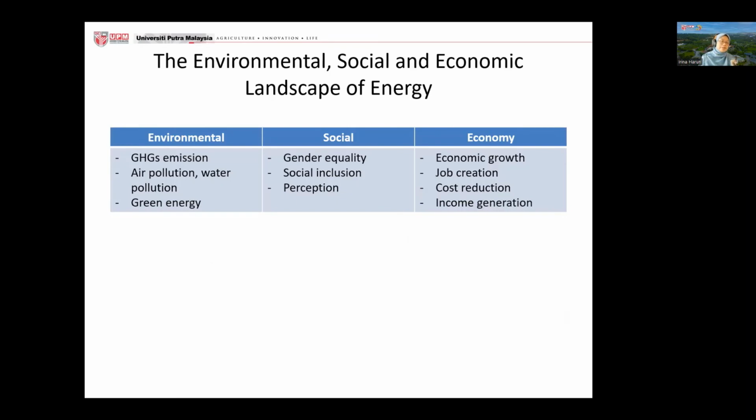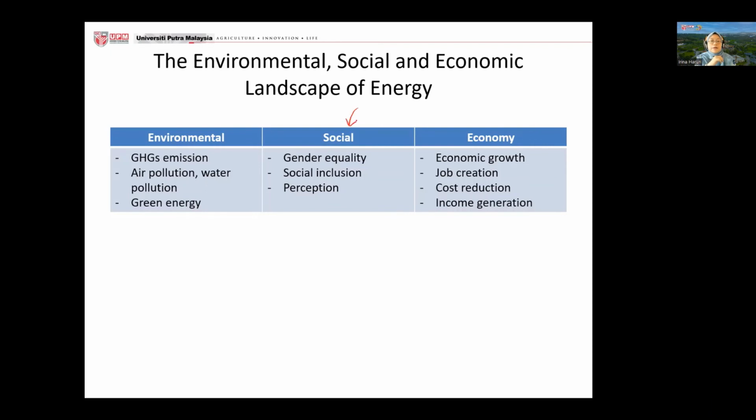So very simply, if we look at energy and the environment, the social and economic elements, it actually encompasses so many things. I've already mentioned this before. Yeah, here it is once more.